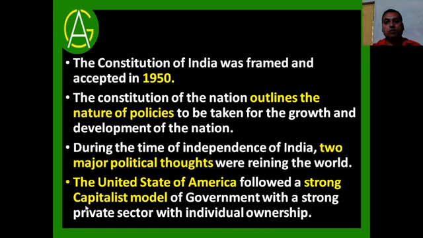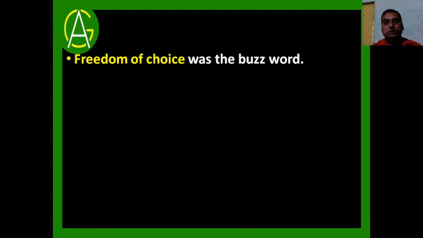Such a model was followed by the United States of America, that is USA, which was strongly following the capitalist model. Freedom of choice in such an economy was a buzzword. It means that everyone in a capitalist economy wanted freedom and wanted a free right of making selection, making choice.